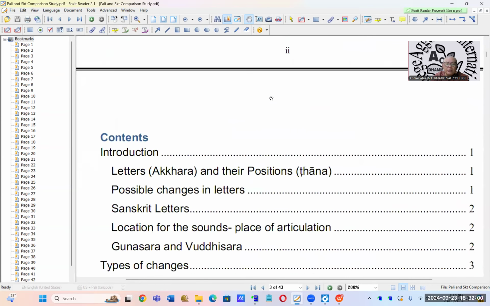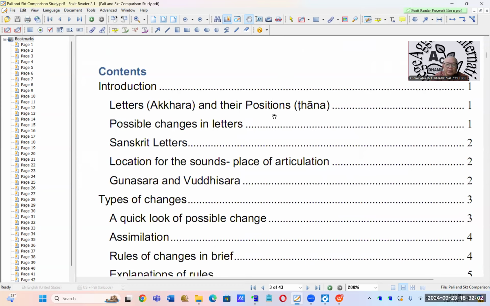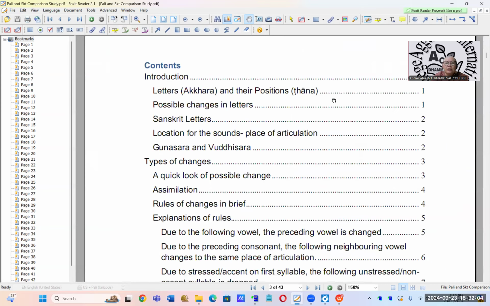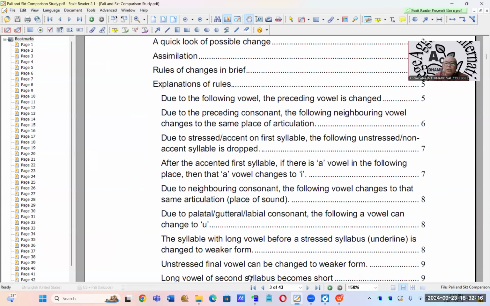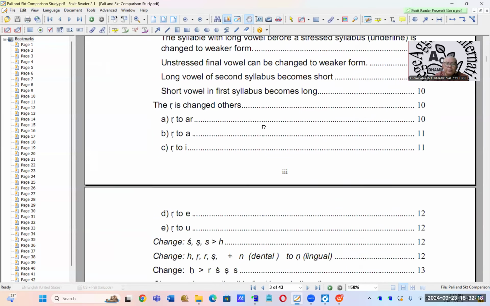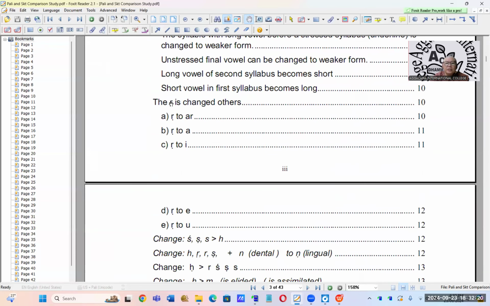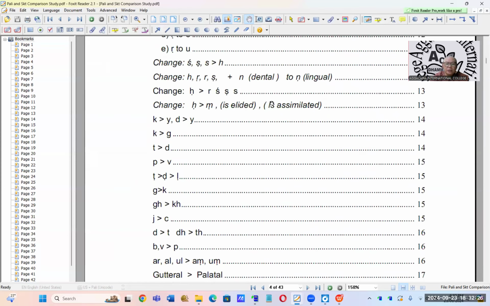I think this is actually easy, because if we start to understand the change from the letters and their position, Thana, and what the possible changes are, and we learn from the Sanskrit viewpoint some of the possible rules and regulations, it will be more clear. Like in Sanskrit, there is a vowel, R dot, and how it can change and so on.